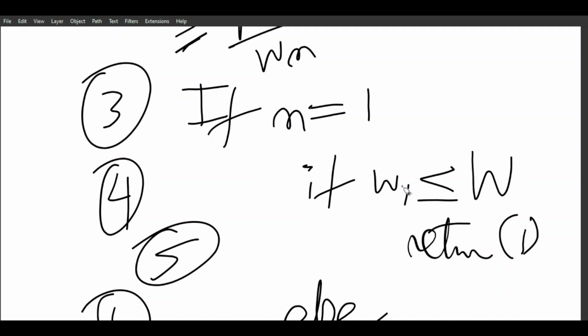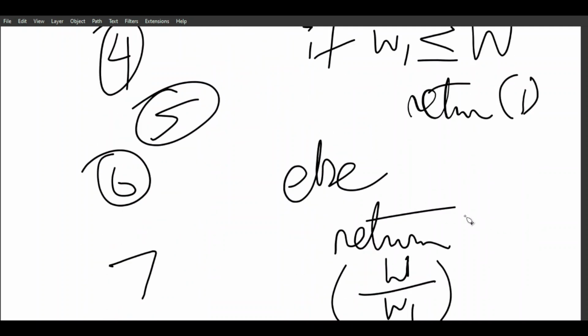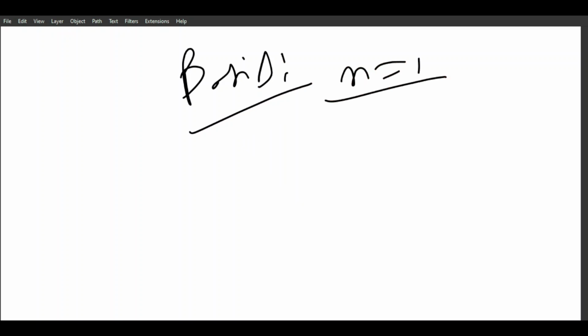If the item fits completely in the knapsack, we choose it completely. Otherwise, we take the maximum possible fraction. The first case gives the maximum possible profit, because if you replace it by any other item, it will have less profit. So the basis holds: for n equal to 1, P(n) is true.